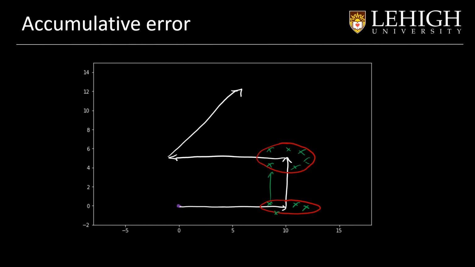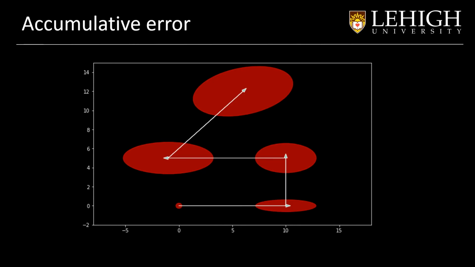When we apply the next control input, our error will grow like this, and for the last control input, our error will be like this, very big. And if we continue, it will keep growing and accumulating. This is the clean representation of our ellipses and how it will be if we continue using the odometry.